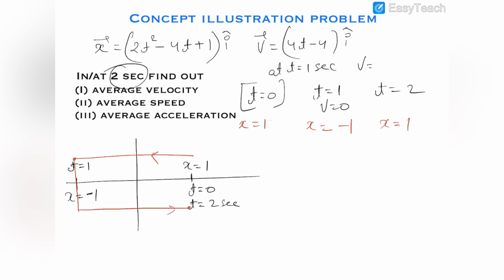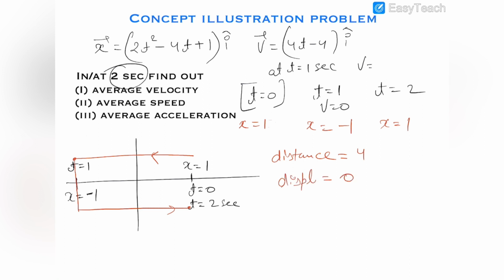So you can say that the distance moved by the particle is this plus this, and this is 2 and this is 2. So the distance is 4, and the displacement of the particle is 0.